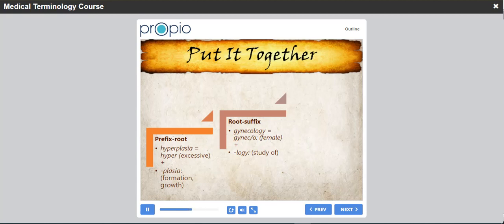Gynec, female, plus logy, study of, gynecology. Here is an example for prefix and a suffix combination. Narcolepsy. Narco, sleep or numbness, plus lepsy, that means attack or seizure. Narcolepsy.